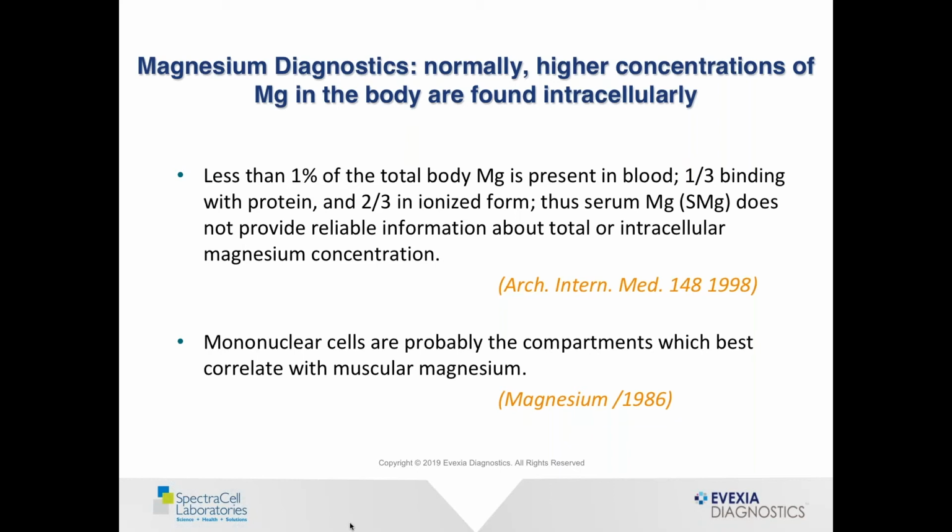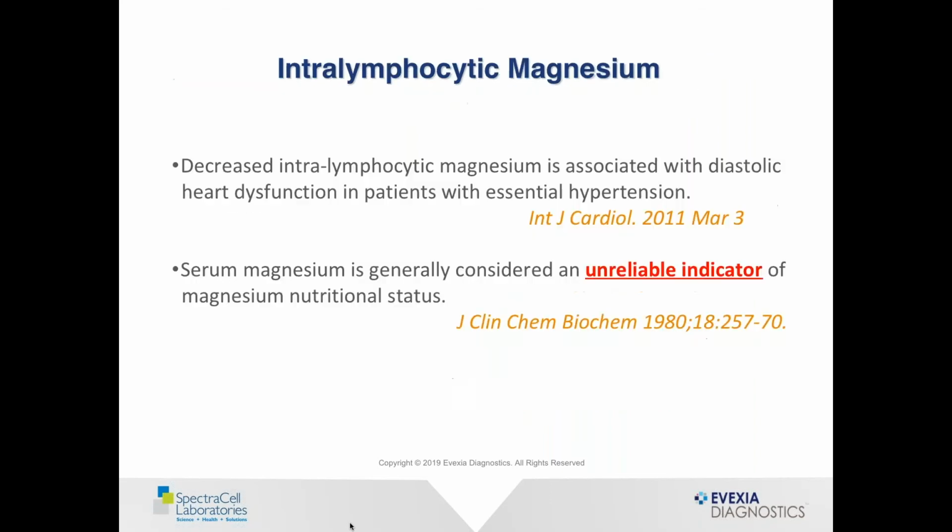And as you can read on the slide, less than 1% of the total body magnesium is present in the blood. Most of it is intracellular, and that's what you want to take a look at, to look at the nutriture of magnesium inside the cell. So that's the power of this. So let's take a look again at this lymphocytic, that's a tongue twister, magnesium.